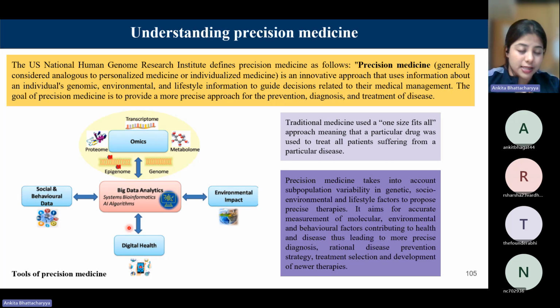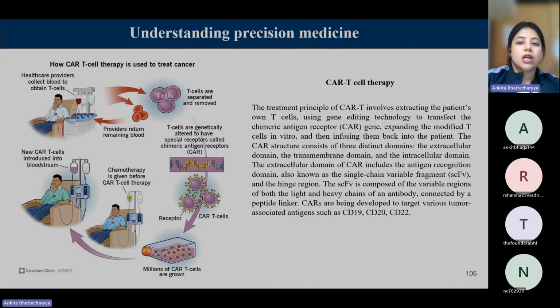There will be additional tests as well. There's a lot of information that has to be added to make it confirmatory in nature. But as a preliminary screening, it's doing a fabulous job, and it is very extensively being researched in today's time. And very soon you can expect it to be accessible to almost everybody. Anybody will be able to do that. It's actually an integration for the better. So yeah, that is the idea of precision medicine.